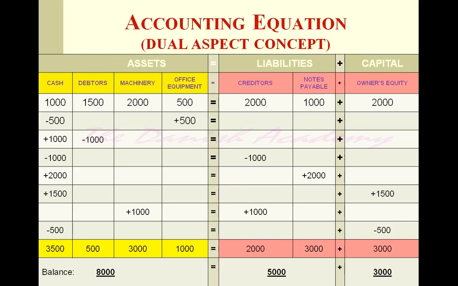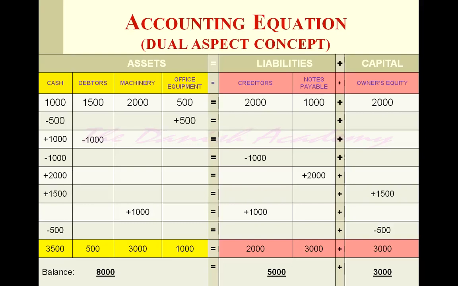Now if the owner introduced some more capital worth 1500 in the business, it would increase the capital by 1500 and cash would be increased by 1500. So both sides of the equation would be increased by 1500.